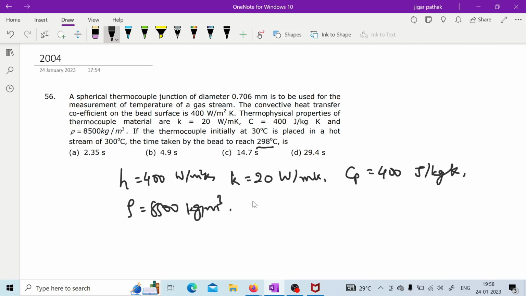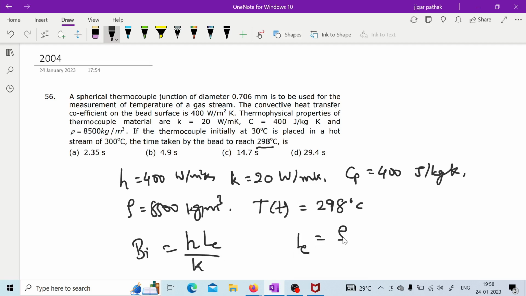Then you have to find the time where it reaches 298 degree centigrade. But before that, you need to calculate this Biot number, that is HLC by K. You have H and K, you need to calculate LC, which is V by AS, volume by surface area.